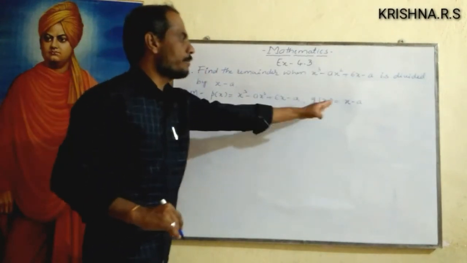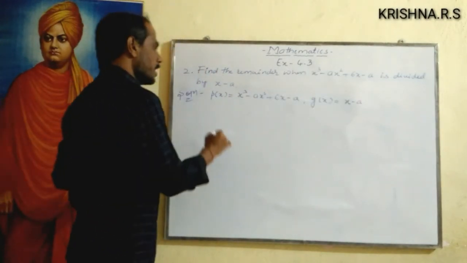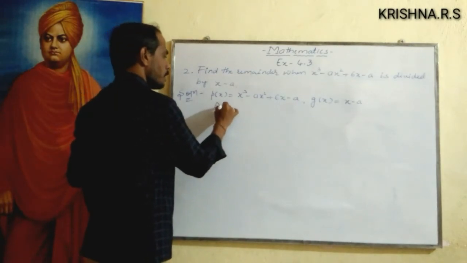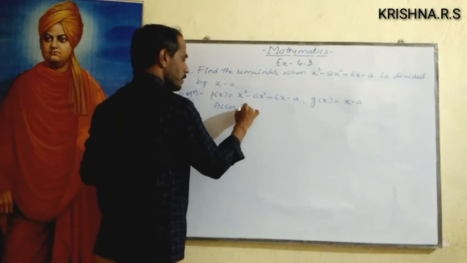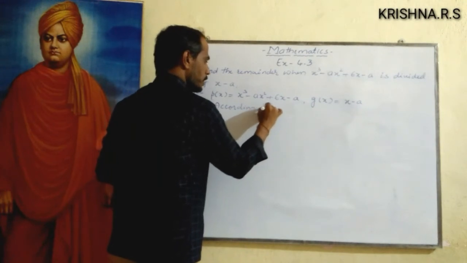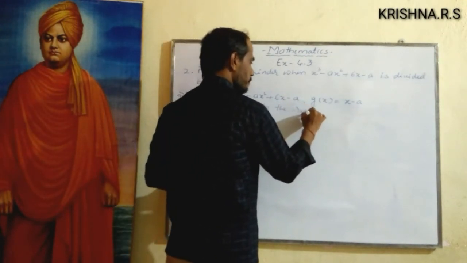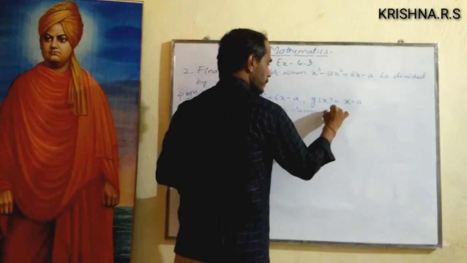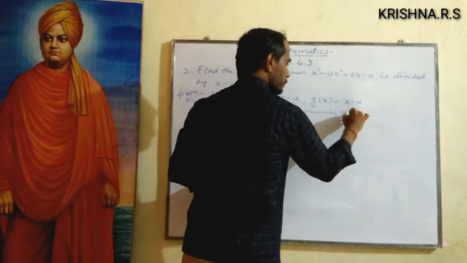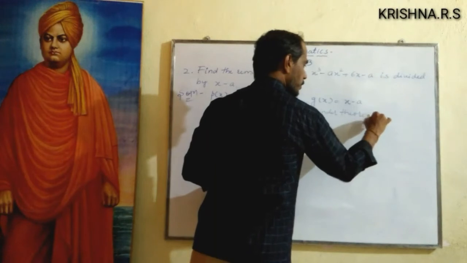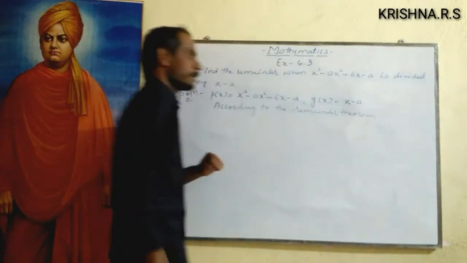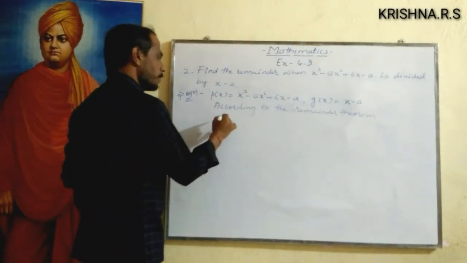Okay, p of x divided by g of x according to the remainder theorem. Which theorem? Remainder theorem. What is according to the remainder theorem?